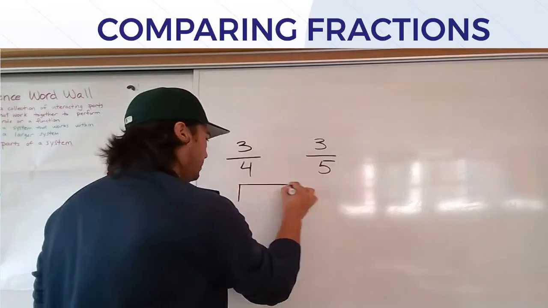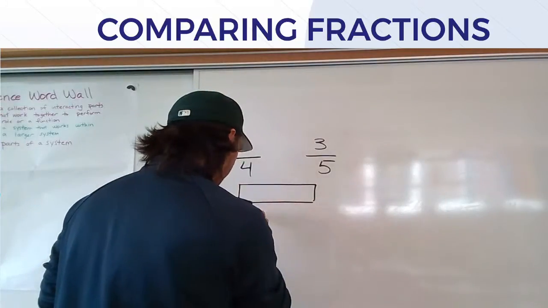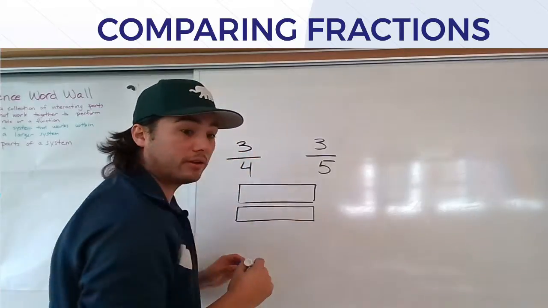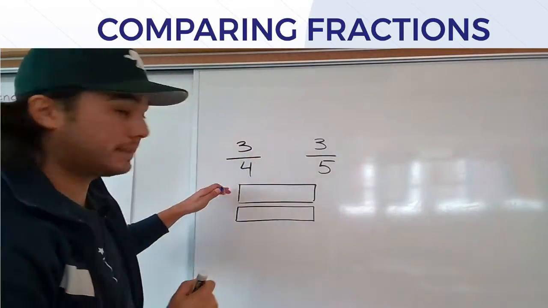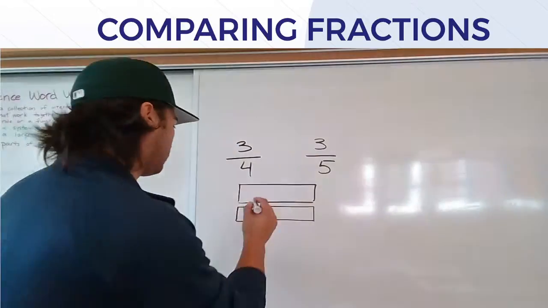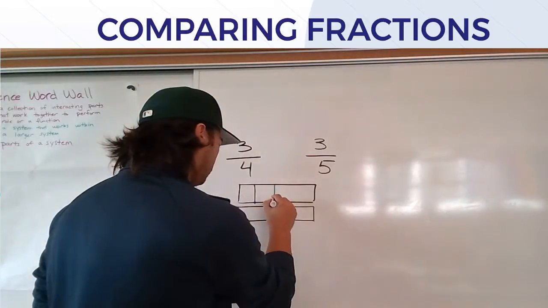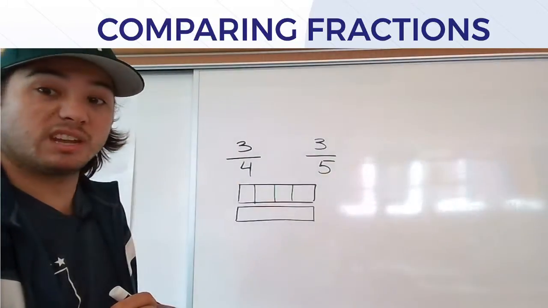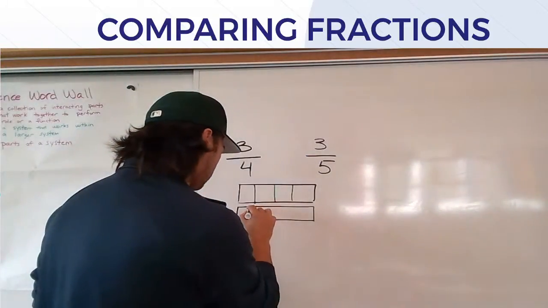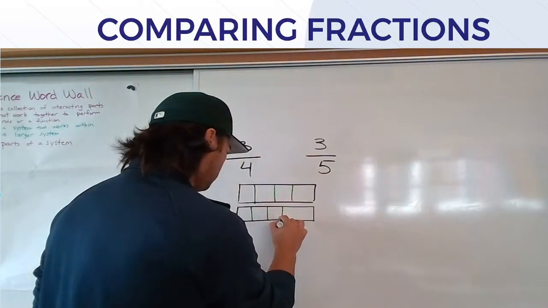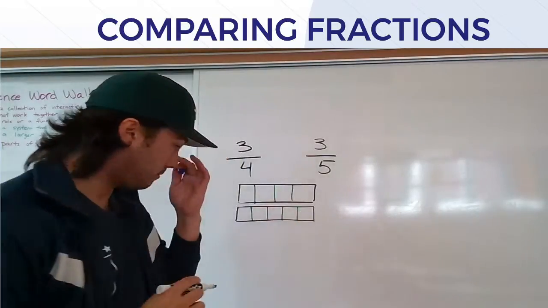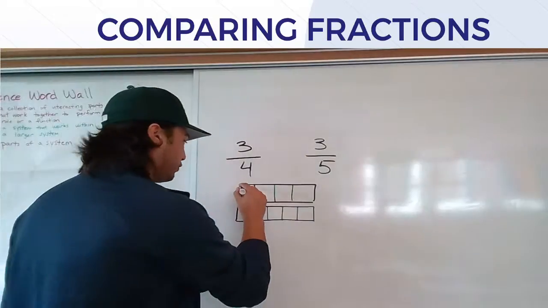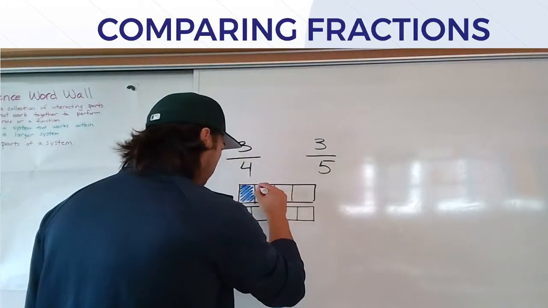If we were to draw these 2 equal fraction bars out, both with a value of 1, I'm going to divide this top one into 4ths. I'm going to divide the bottom one into 5ths. And then we'll shade in 3 pieces of each.